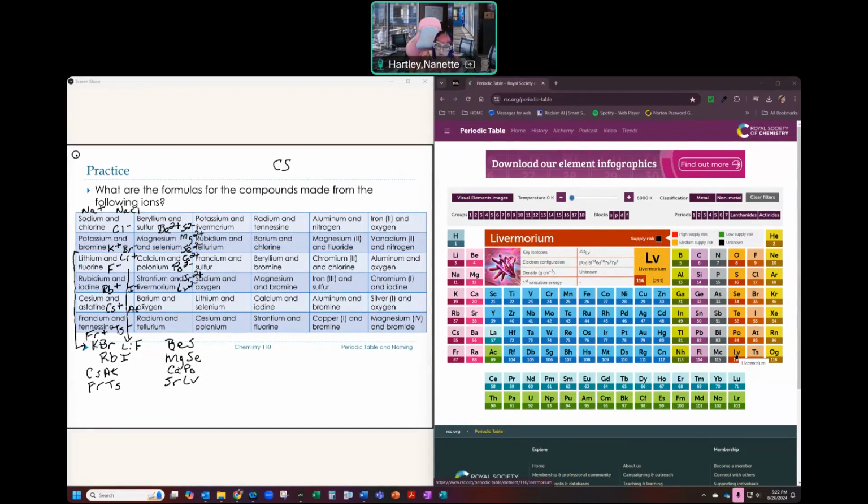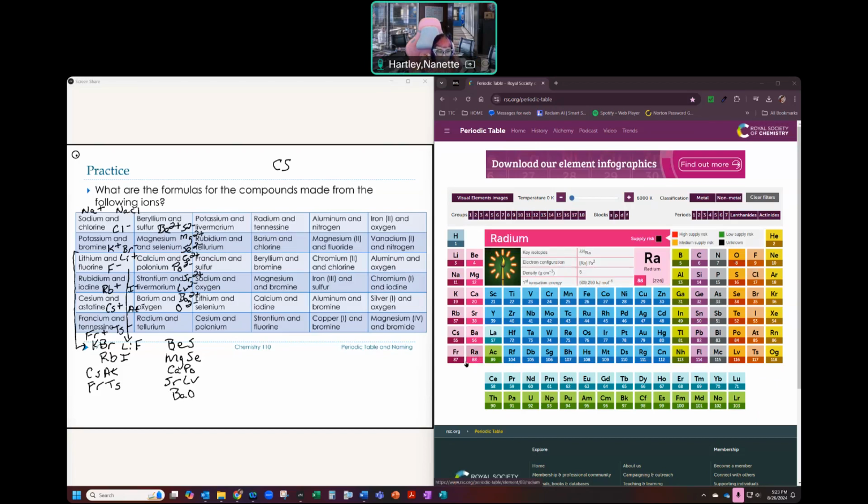Barium and oxygen. All right. So barium is here. He's going to be a 2+. Oxygen. He's a chalcogen, so he's right here. He's going to be a 2-. BaO. And then we're looking for radium, which is this one right here.